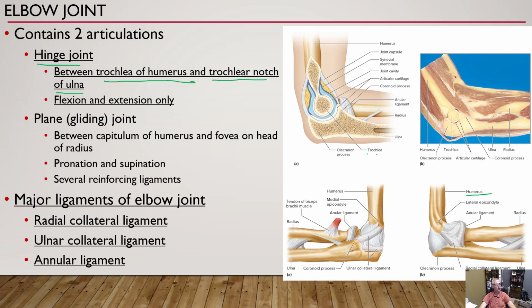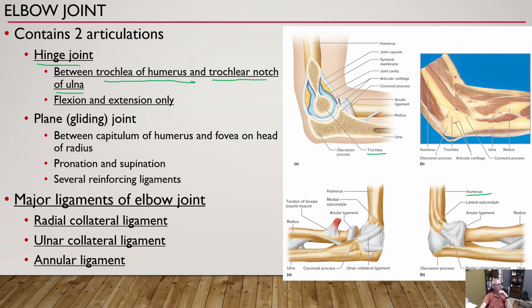There's the trochlea of the humerus, and the trochlear notch is not labeled up here. All right. So remember that hinge joint is just flexion and extension only.